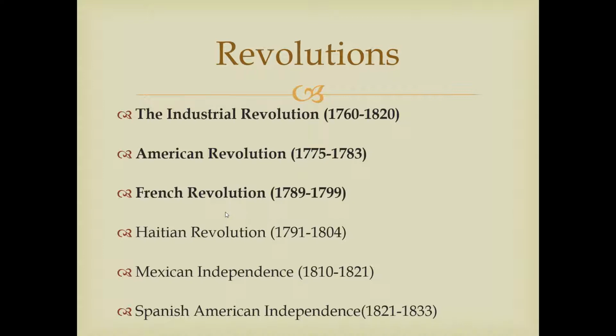So the way that these will be broken up is the first part will cover the Industrial Revolution and the American Revolution, and then the second part will cover the French Revolution, and then the last part will cover Napoleonic Europe, and then Haiti, Mexico, and the Latin American colonies will be covered either in class or in the next video.